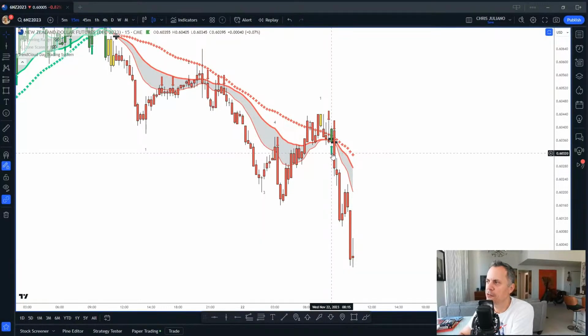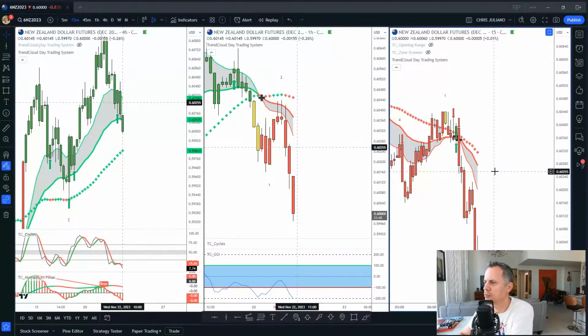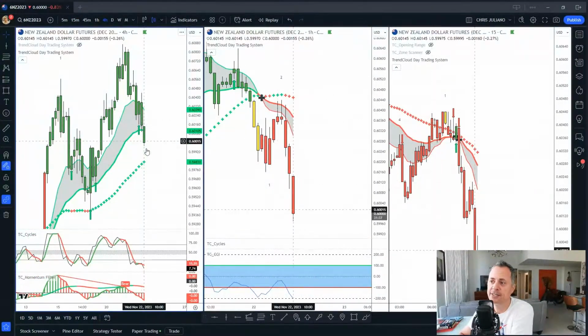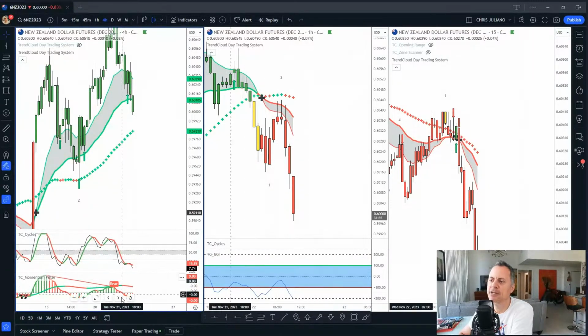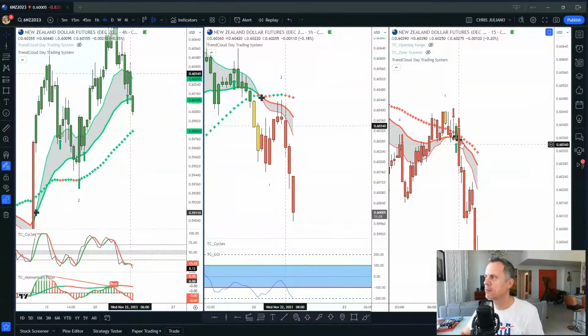We would ignore this signal to go long here because we're in a downtrend, low time frame, downtrend, middle time frame, momentum is down. We are in an uptrend on the high time frame, but we're cycling down and momentum is down. We have more evidence to the downside, and that's why we would ignore this upward signal here.